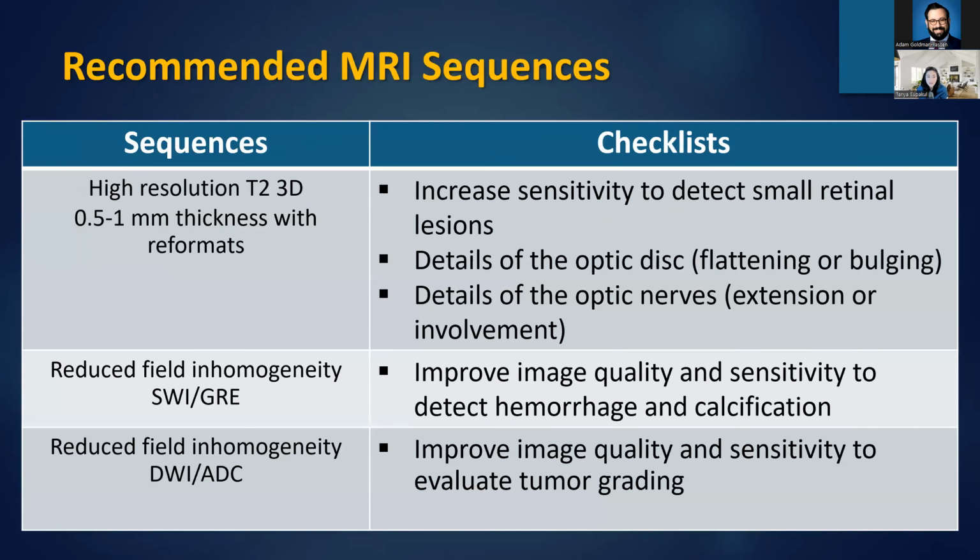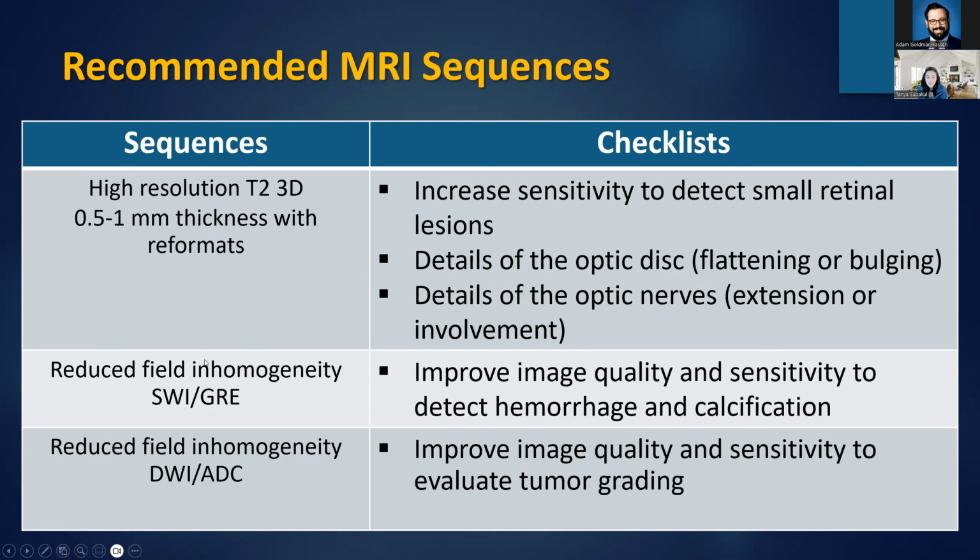And we have the additional sequences. We almost always do the high resolution T2 3D image, with the slice thickness down to 0.5 or 1 millimeter, and we do coronal and sagittal formats. We use this to increase the sensitivity to detect small retinal lesions or detail of the optic disc, like flattening or bulging, and also checking for any optic nerve involvement or extension.